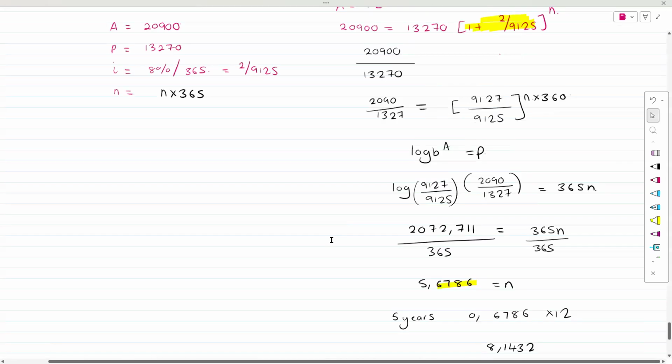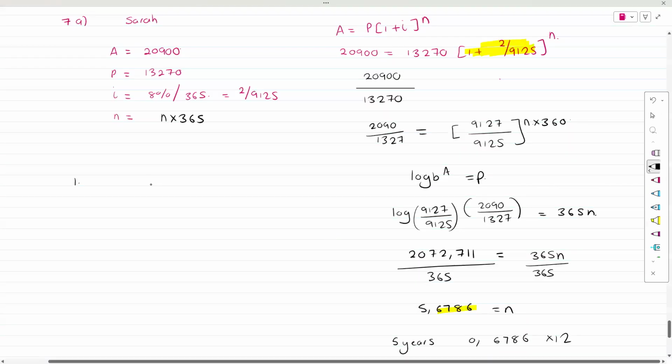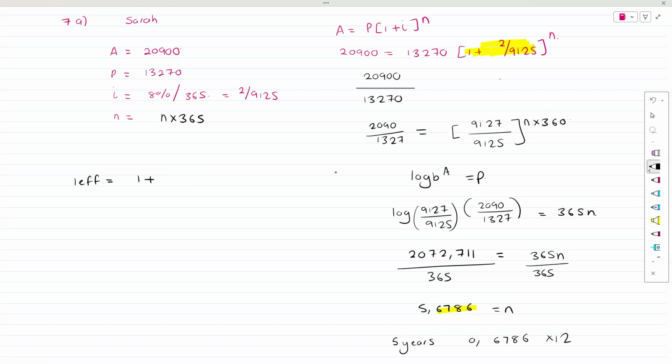They want the effective interest rate. The effective interest rate is equal to 1 plus i nominal all over m, to the power of m, minus 1.